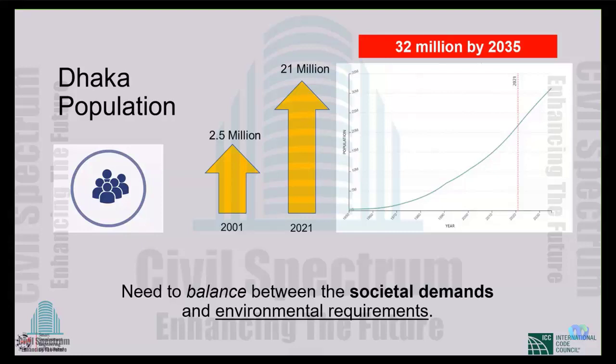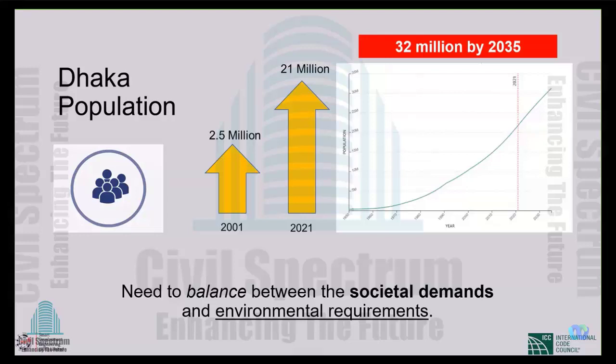Dhaka city and Chittagong are the 2 urban cities developing very fast with a lot of resources. So people come for the opportunity. If you look at the population, in 2001 it was 2.5 million. In 2021, 10 times more. Imagine how fast it's growing.